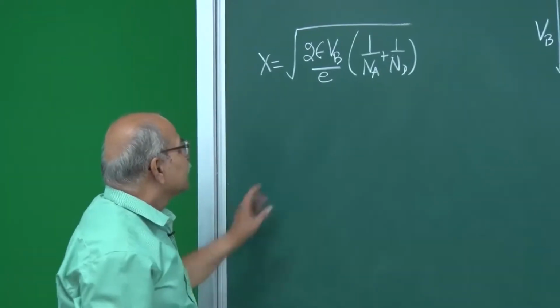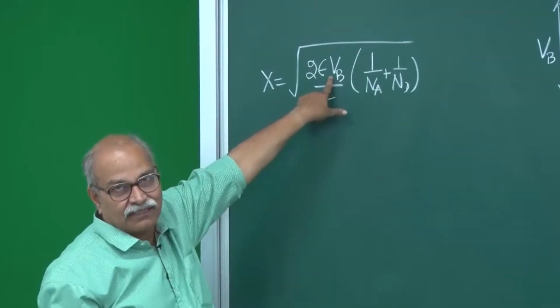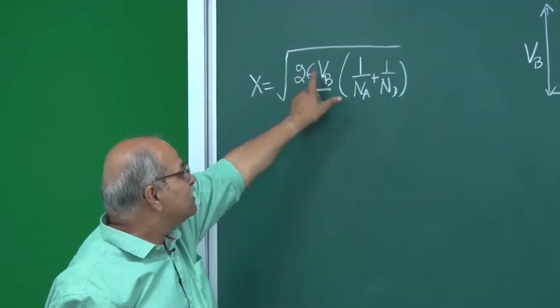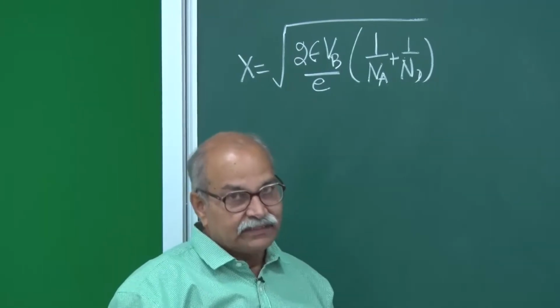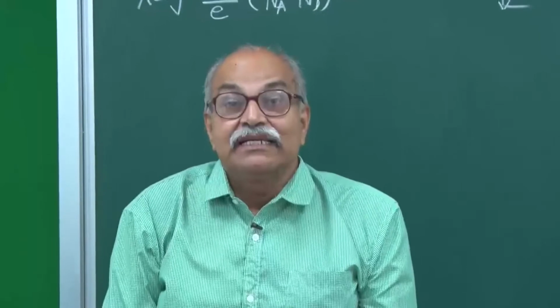Okay, so that's it. Now this VB is something which we still do not know, right. That VB in fact also depends on the dopant concentrations and also on temperature.